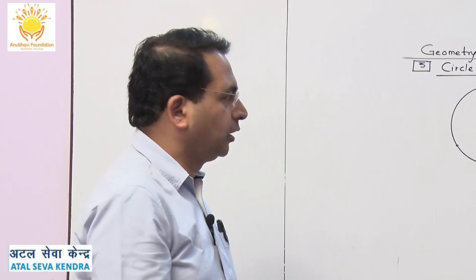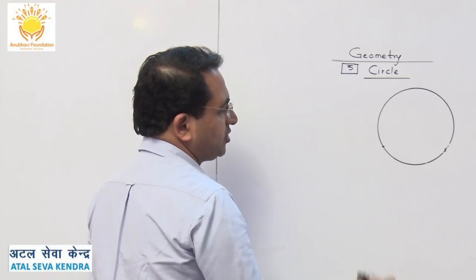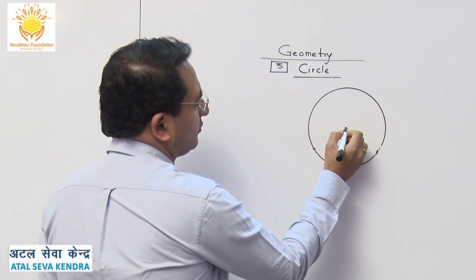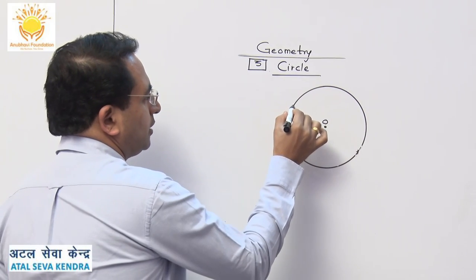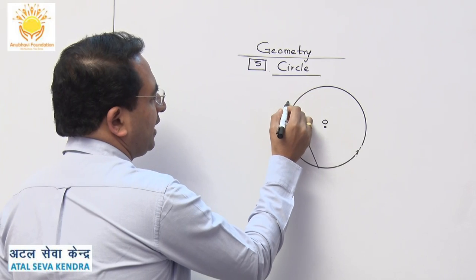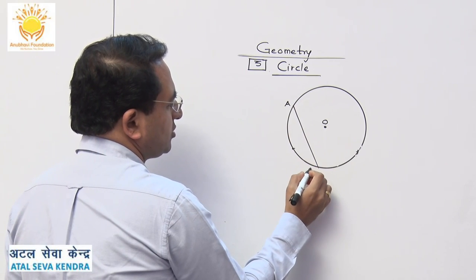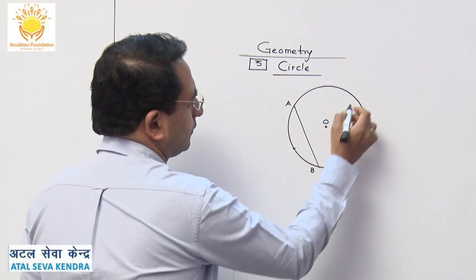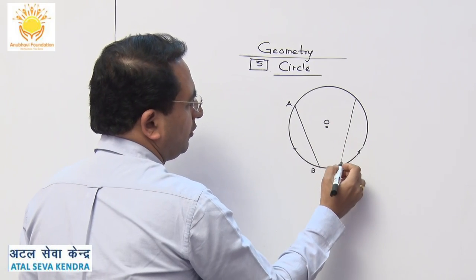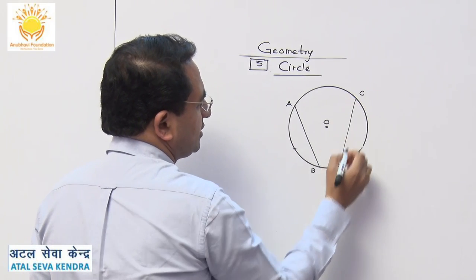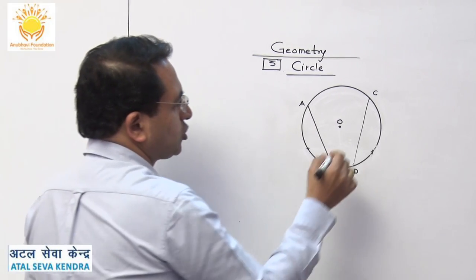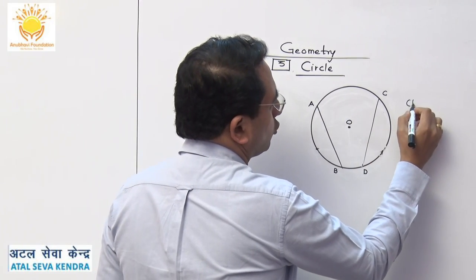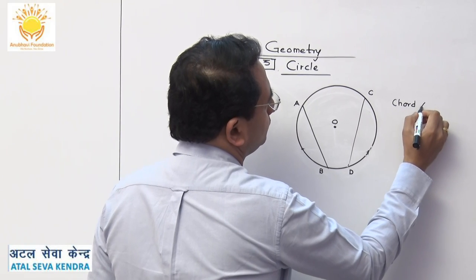Let us go for two more properties here. The center of the circle I marked as O. This is one chord which I consider as AB, and there is one more chord which I have drawn, that chord is CD. Now I write here, these chords are congruent chords.